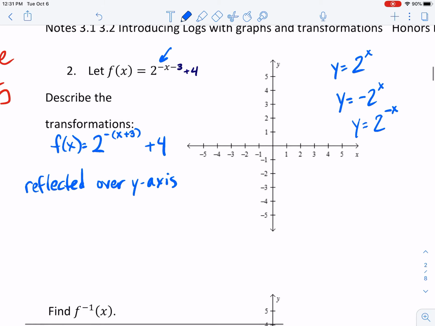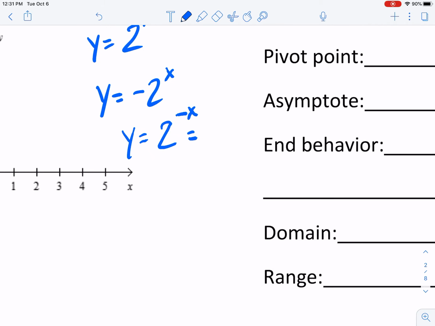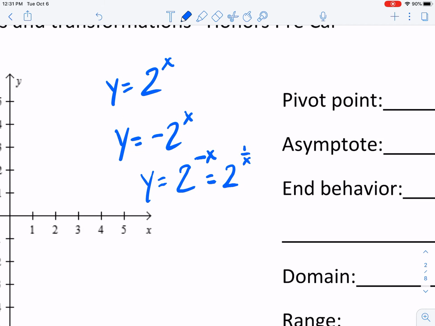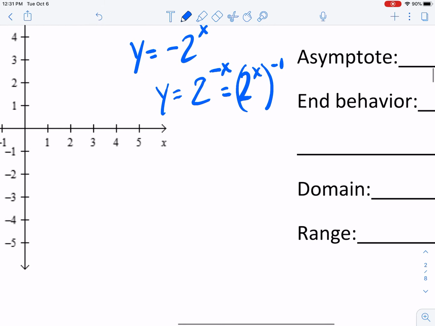What I notice here is that this one right here could be written as 2 to the 1 over x. Is this helpful for you? Okay, I'm sorry. Let me say this. I just figured out this is 2 to the x raised to the negative 1. So 2 to the x to the negative 1 would be the same thing as saying 2 to the negative 1 to the x.